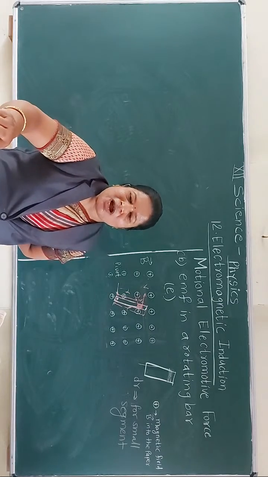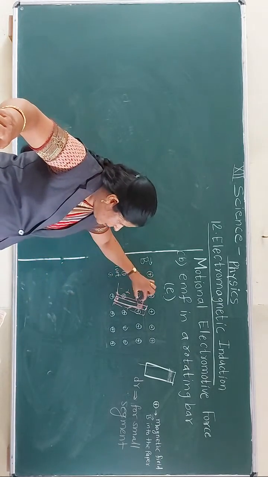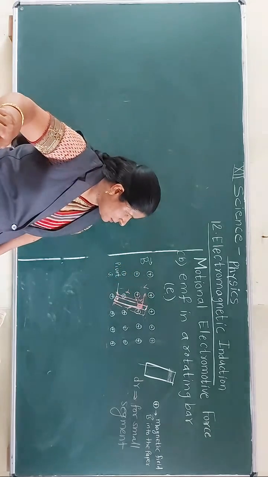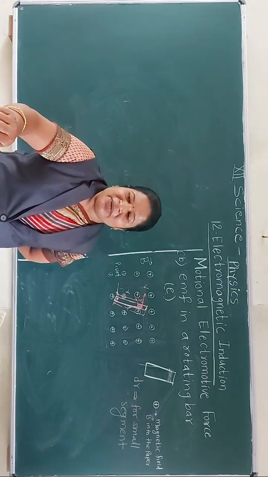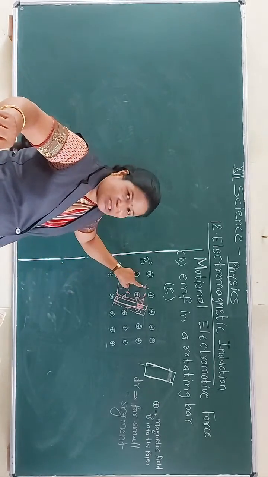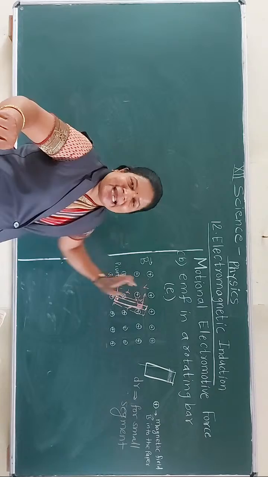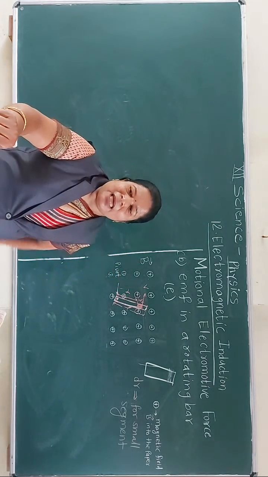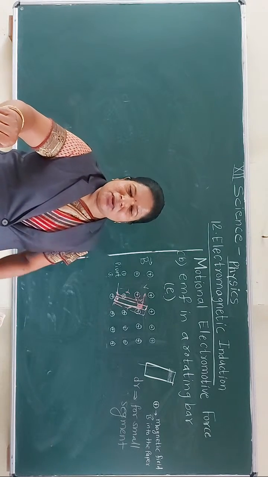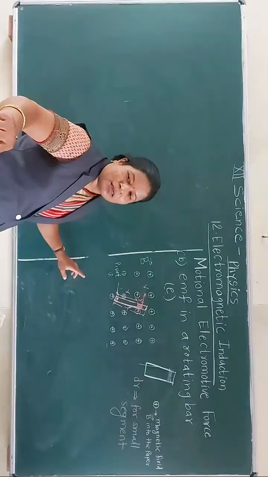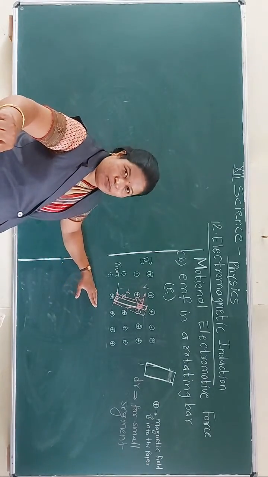It is a short length dr of a conductor which is moving with a velocity v in a magnetic field B, and has an induced EMF generated in it like a sliding bar.